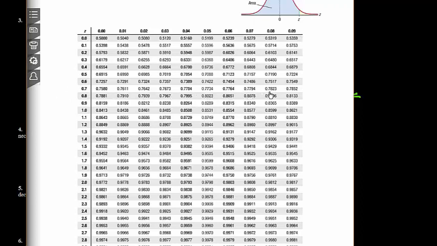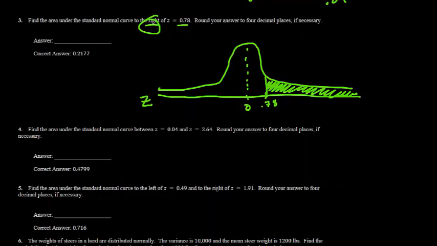So our answer is going to be 0.7823. Save that for later. So this area here is 0.7823. No, it's not. This area, this 78.3, reflects what's on the left-hand side of the curve.